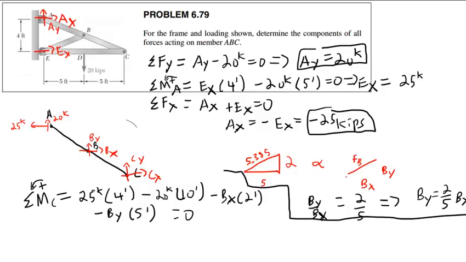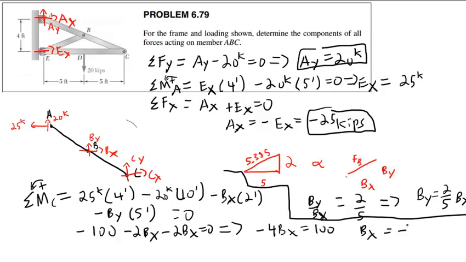So I'm then going to say this is positive 100, negative 200, negative 100, and then minus 2BX, and then BY is 2 over 5 BX, so this just becomes minus another 2BX equals 0. So this reduces to negative 4BX equals 100, BX equals negative 25 kips.